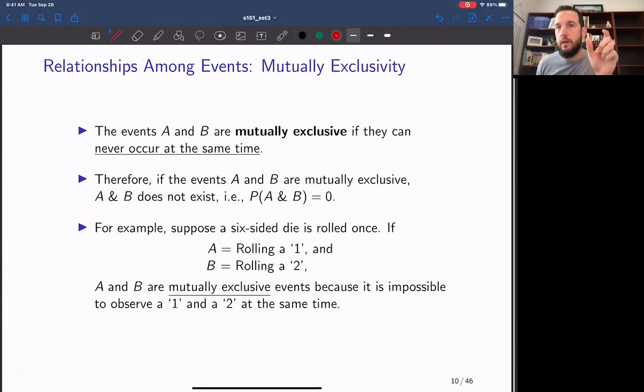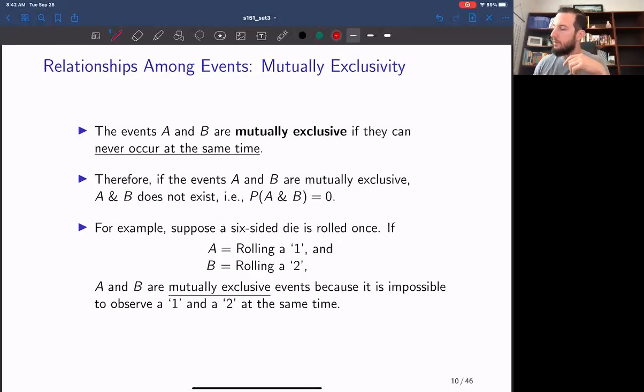So mutual exclusivity refers to 2 events that have no intersection. So anytime we are told that 2 events are mutually exclusive, it means the probability of their intersection is equal to 0. All right, so it's a definition in that sense. So this is just something you need to commit to memory.